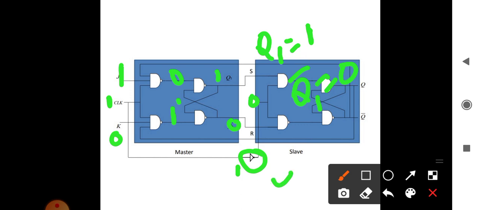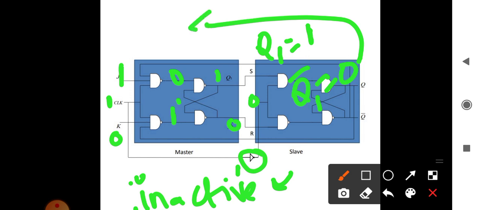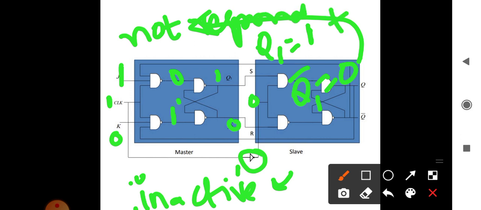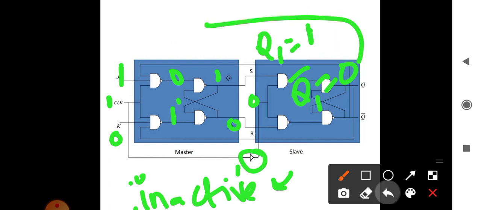The slave does not respond to input. So in this way we are getting Q is equal to 1 and Q1 complement is equal to 0 here as the output of the master.